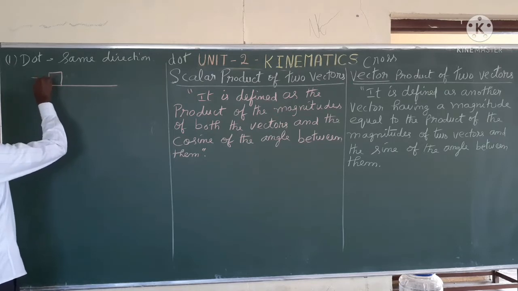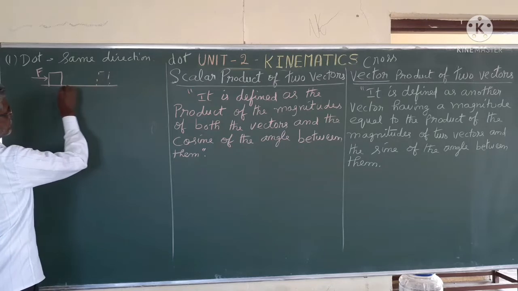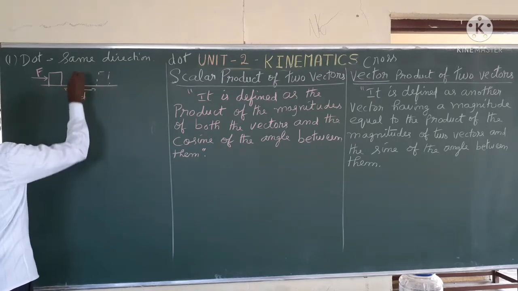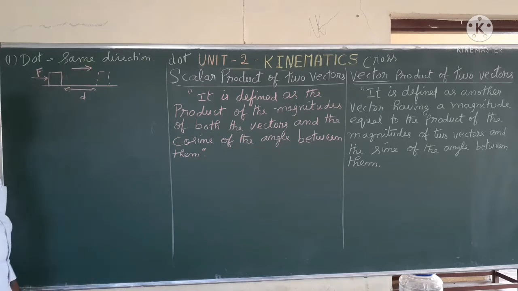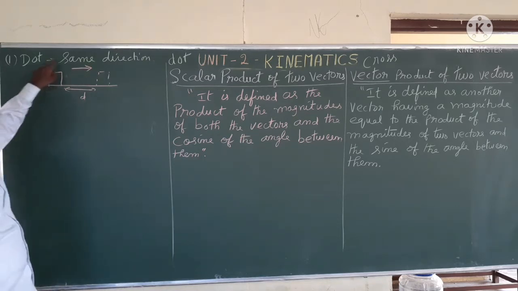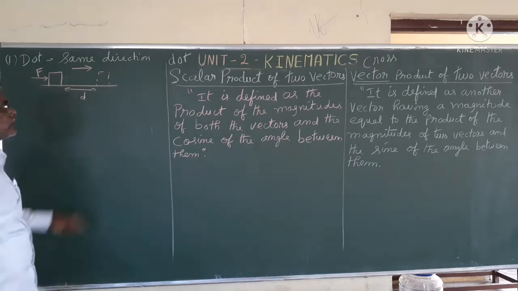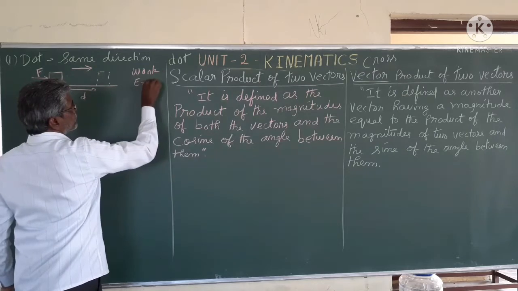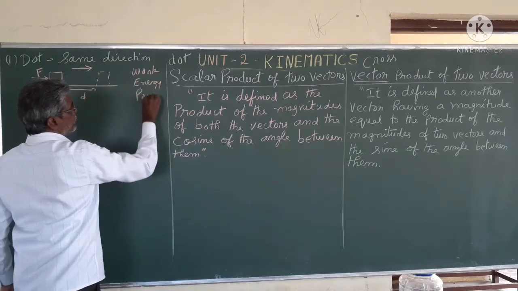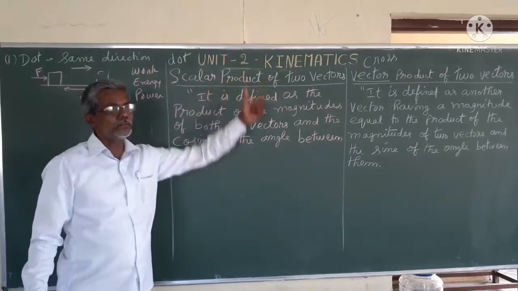I am applying a force in this direction, and the object has been displaced in the same direction. Then I can call this a dot product of two vectors. For example, work, energy, power, and all are examples of the dot product of two vectors.